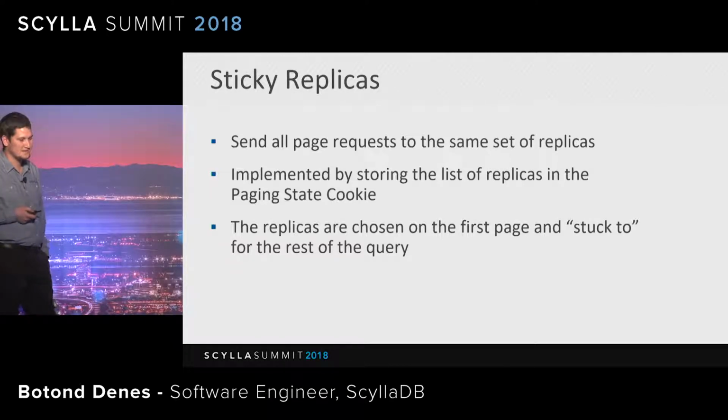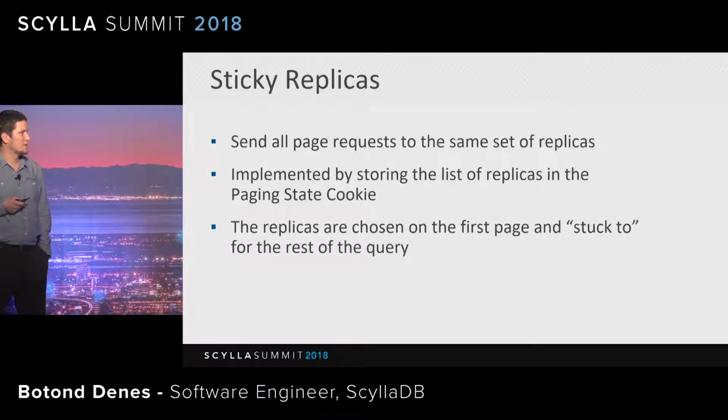What this means is that if we want to persist the state of the query and reuse it for all of the pages, we have to consistently send each page request to the same replicas. We can't just choose a new set of replicas on each page like we did before. So this is again implemented with the help of this paging state cookie.